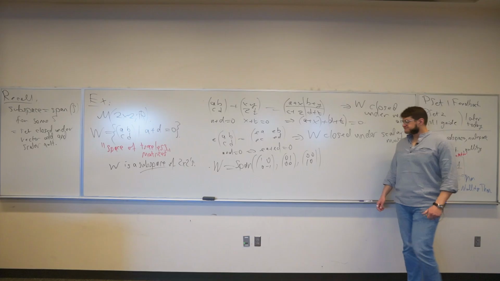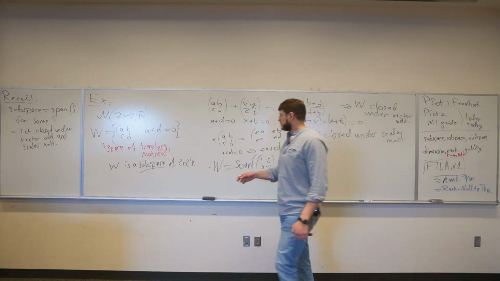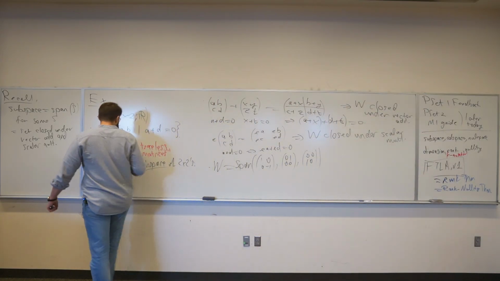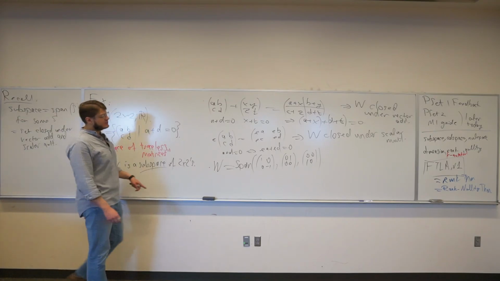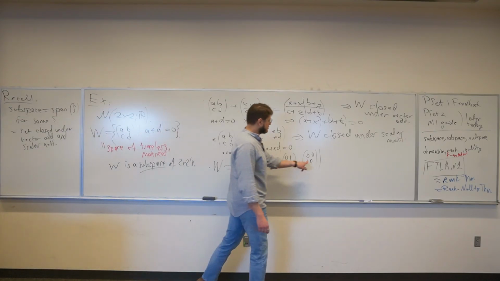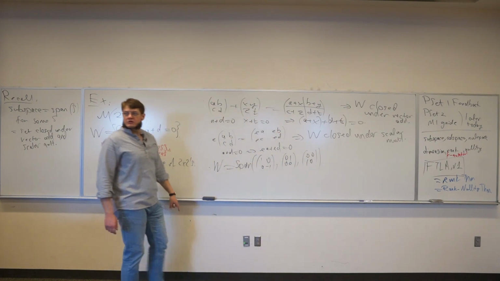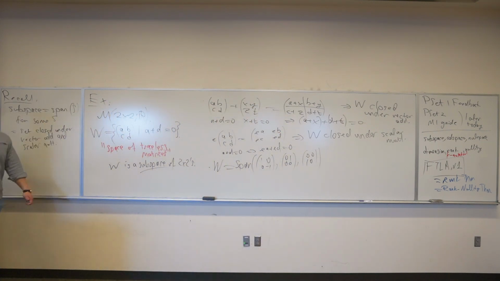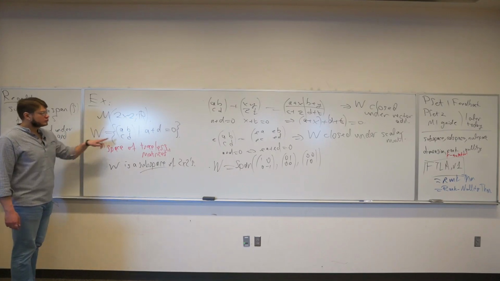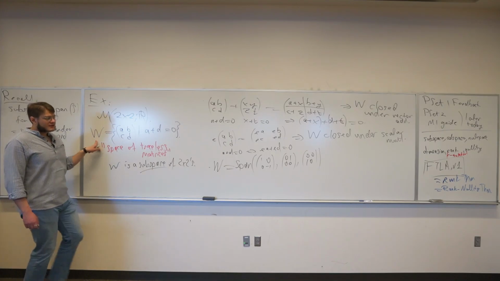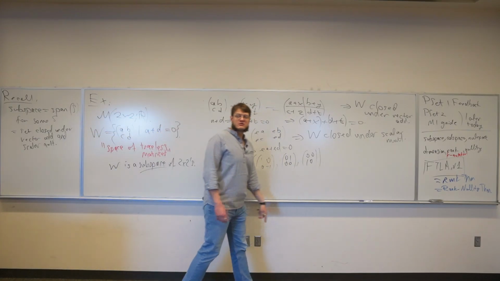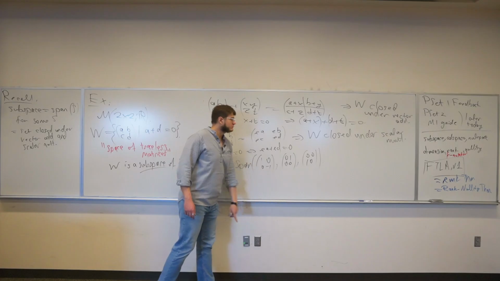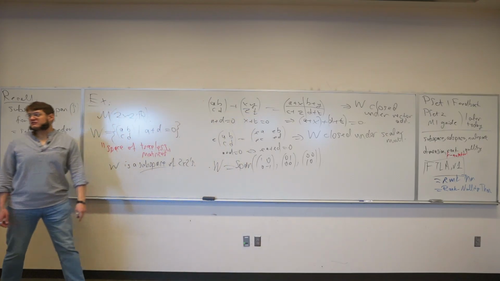What does this mean? This means that any 2 by 2 matrix in this W can be written as a linear combination of these 3 matrices. Okay? But furthermore, any 2 by 2 in W can be written as a unique linear combination of these. In other words, these 3 matrices are linearly independent.